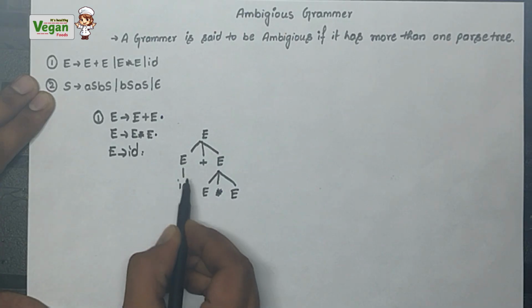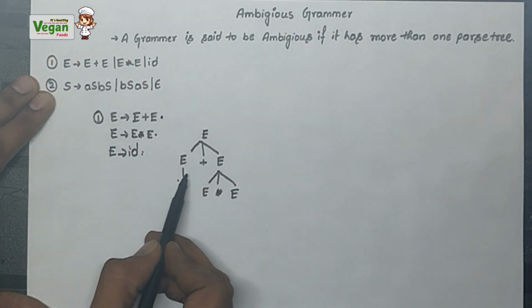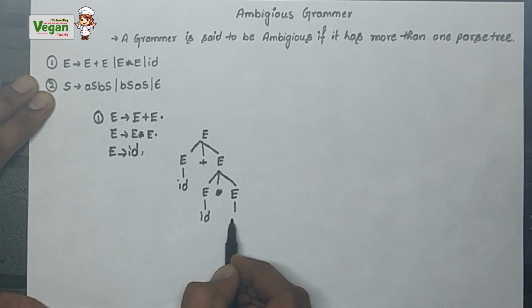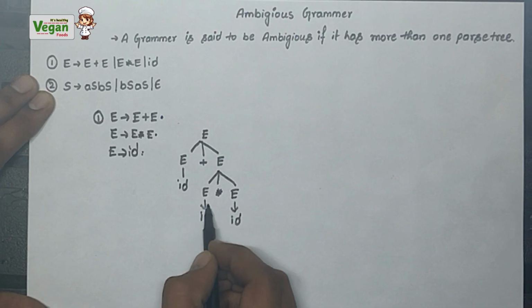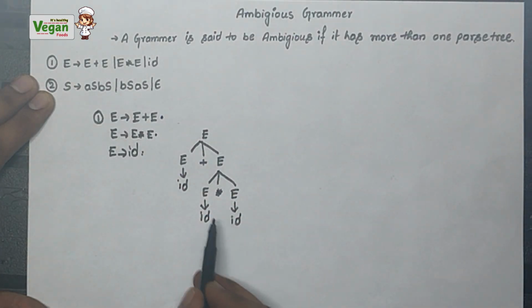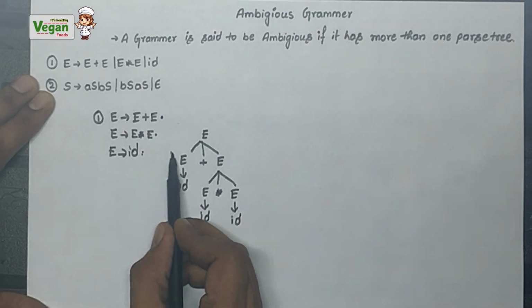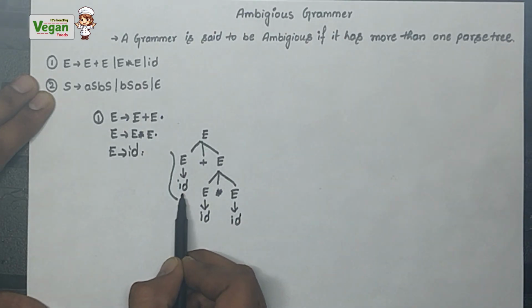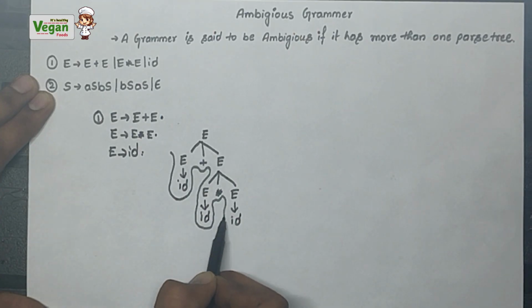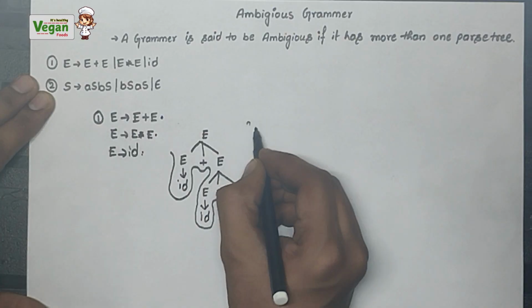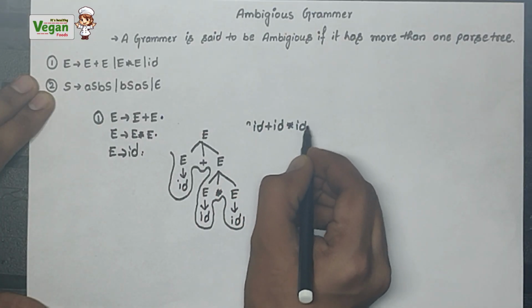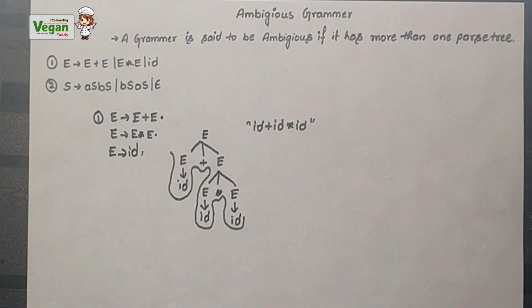Wherever E is in the leaf, meaning the ending, you must write it using ID. Now we have constructed the tree. So this is the first parse tree. If you read the leaf nodes from left to right, what is my string? ID plus ID star ID.